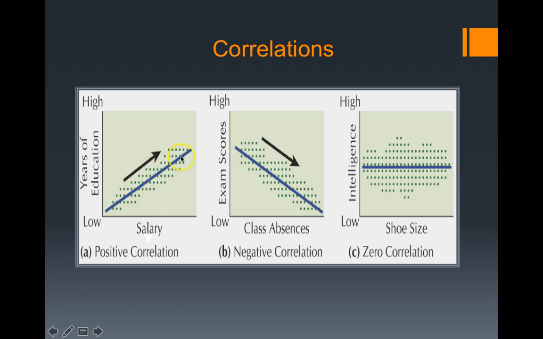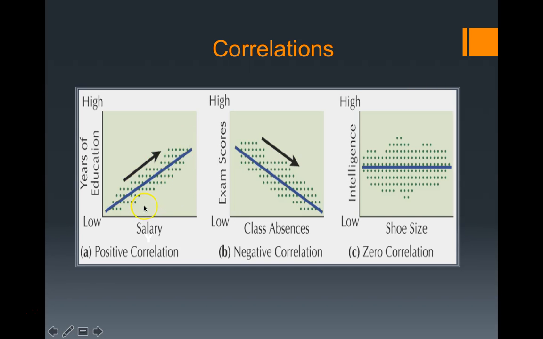Very few relationships are perfect, right? So there's going to be some variation. And so the strength of a relationship would be indicated by how much spread there is around that straight line that we draw through this ellipse.